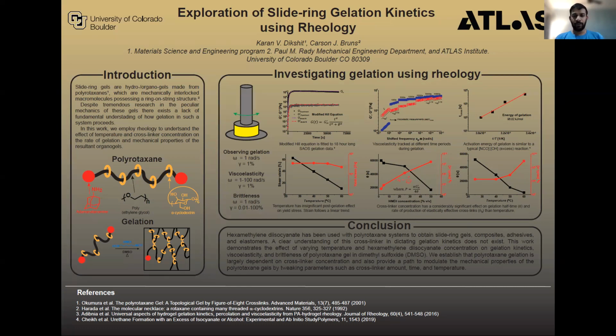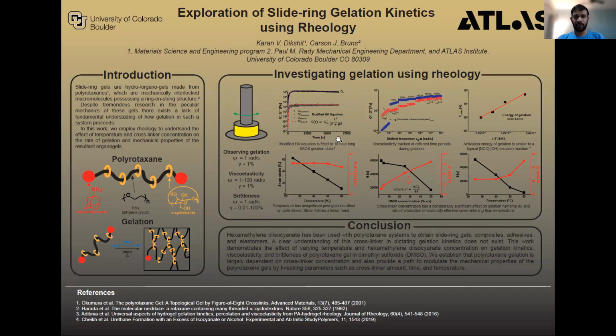So what you see here in the first figure is a time sweep of a gel which was done at 60 degrees Celsius with 5% crosslinker concentration. And keep in mind that all of the gels are gelled using a 10 weight by volume PR solution in DMSO. So what we have here is that G prime increases as a function of time, so does G double prime.